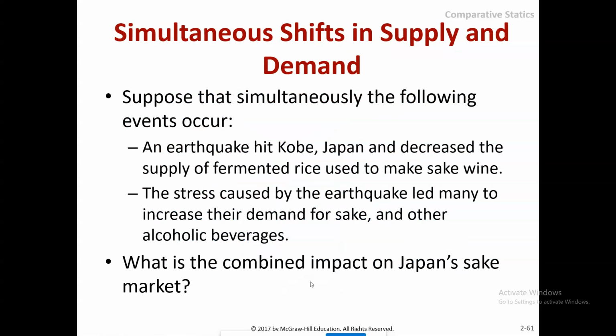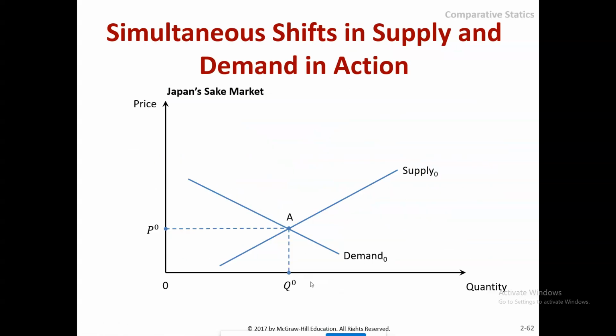Then the stress caused by the earthquake led more people to consume sake. So demand increases, supply decreases. What do we do? It really depends on the magnitude and elasticity of the curves.